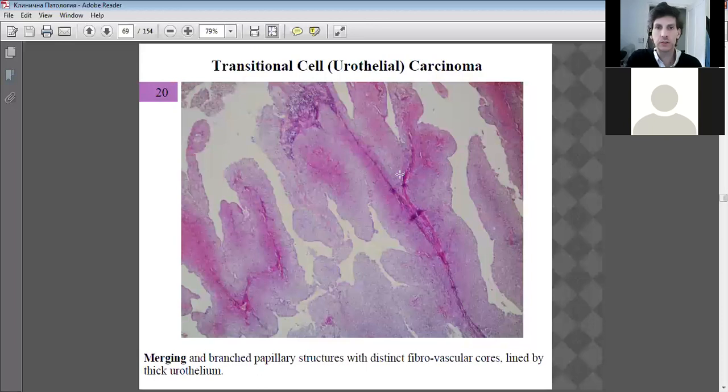Transitional cell urethral carcinoma. What's interesting is the border of the progression or the growth of the carcinoma. It's quite rough, if you like, and it indicates it's rapidly dividing, progressive, growing rapidly. And it's kind of like finger-like projections, if you like.